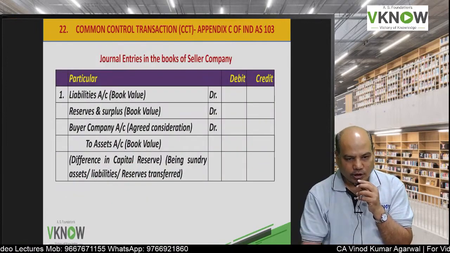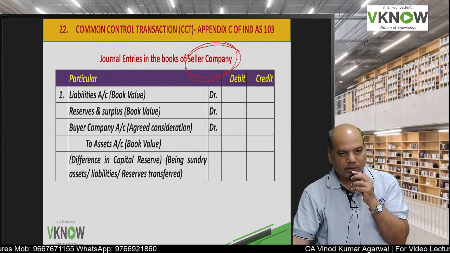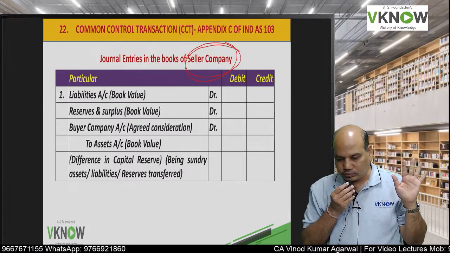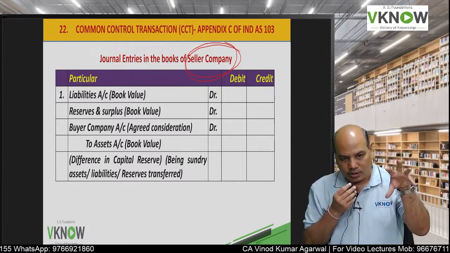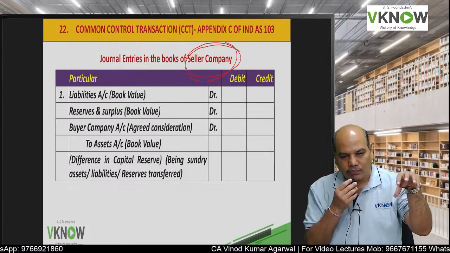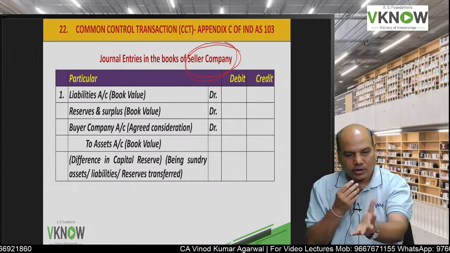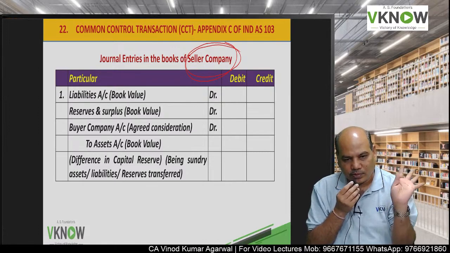So I'll give you a set of entries not given in your institute study material. Pay attention. Two companies are there, A and B, but the transaction falls under common control transaction. So in the books of B, that is the seller company, they have to remove from their books liabilities, debit.